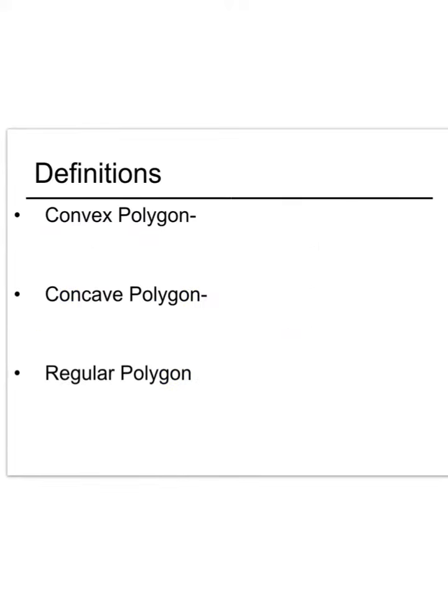So we have some definitions, and we've already touched on this before back in the beginning of the school year, but it's come back again. A convex polygon is a polygon with all its interior angles less than 180 degrees.